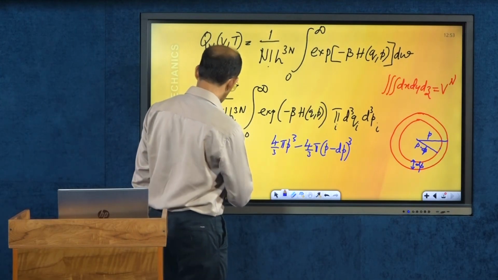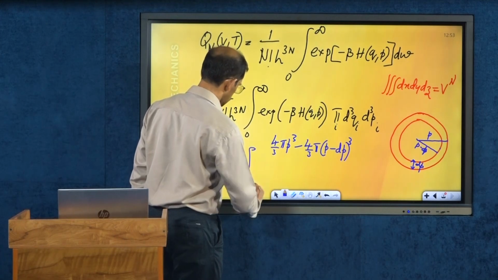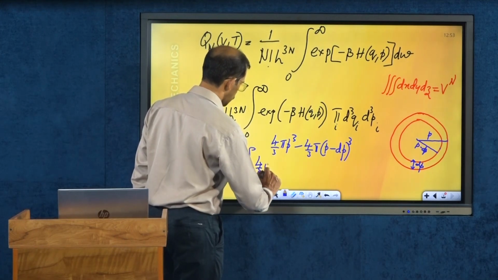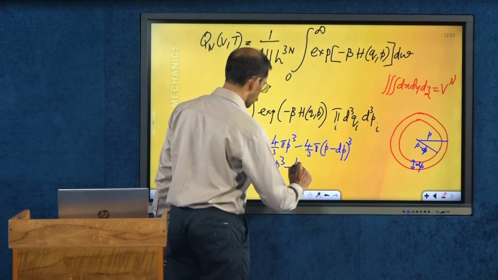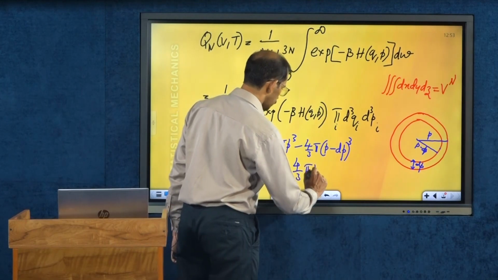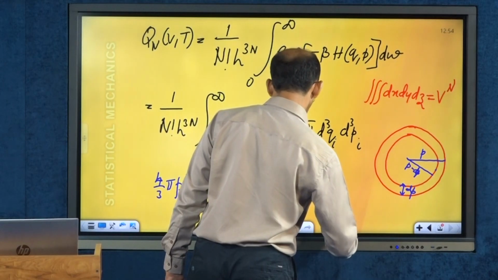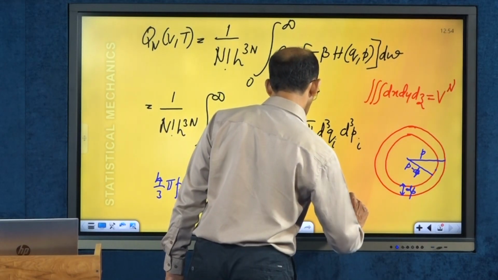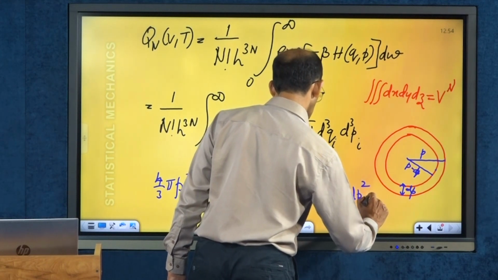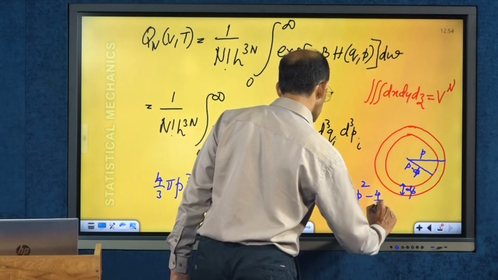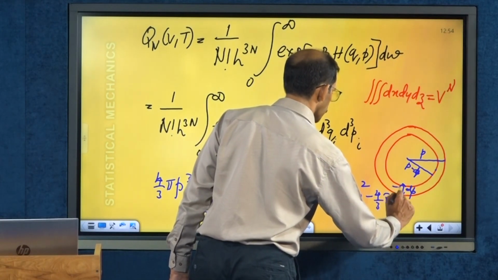How do we do that? 4 by 3 pi p cube minus 4 by 3 pi, p cube minus 4 by 3 pi p squared dp minus 4 by 3 pi p dp squared minus 4 by 3 pi dp cubed, right.